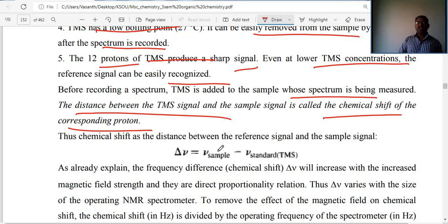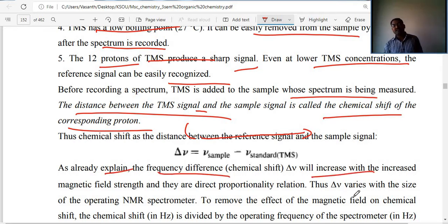Chemical shift is the difference between the frequency of the sample minus the frequency of the standard. As already explained, the frequency difference delta nu will increase with increased magnetic field strength; they are directly proportional. Thus, delta nu varies with the size of the operating NMR spectrometer.